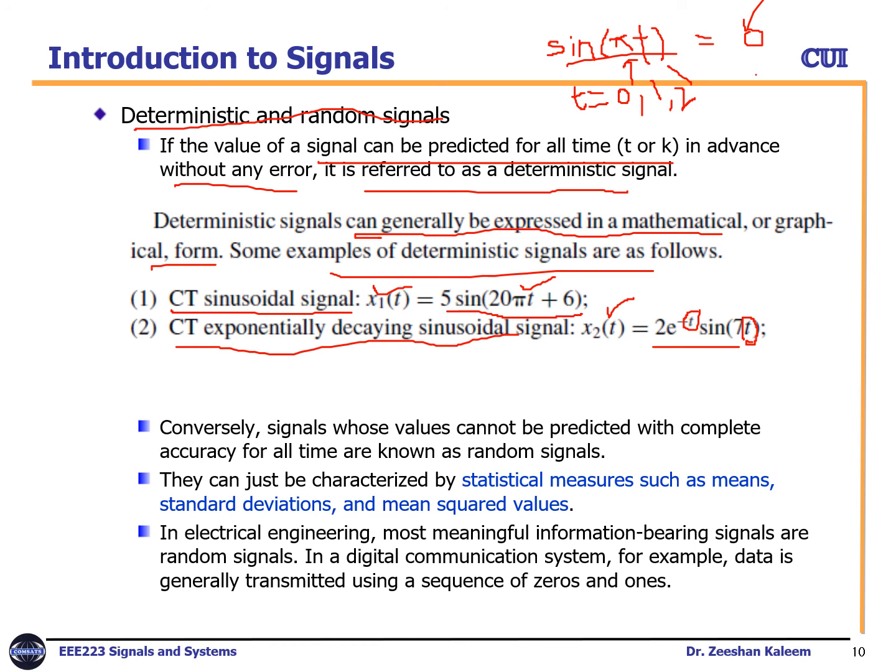Now the other term is the random signal. In wireless communication, as we have a wireless channel, we don't have a deterministic signal anymore on the channel side. So here comes the use of random signals. Conversely, signals whose values can't be predicted with complete accuracy for all time are known as random signals.